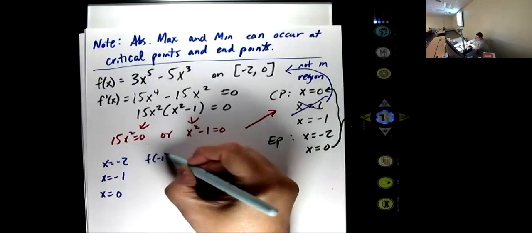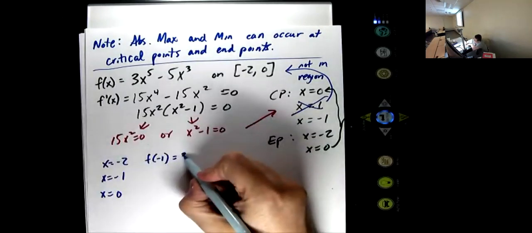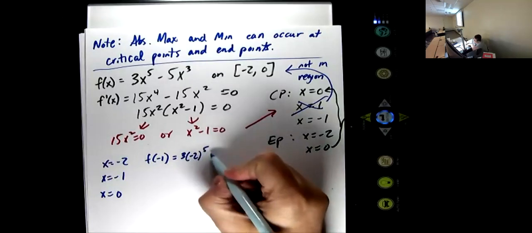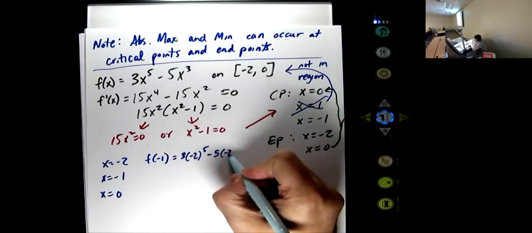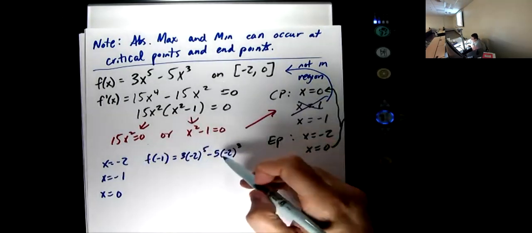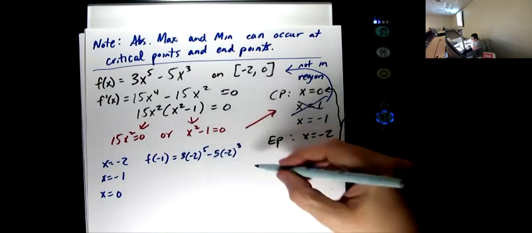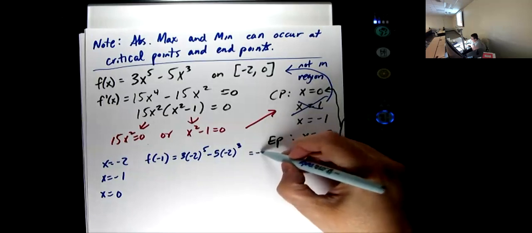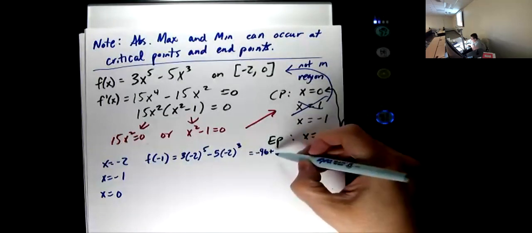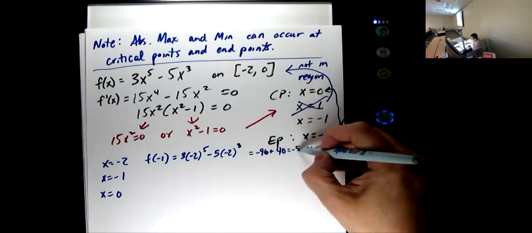f of -2 is 3 times -2 to the 5th power minus 5 times -2 cubed. Let's see, this is -32 times 3 is -96 plus 40 is -56.